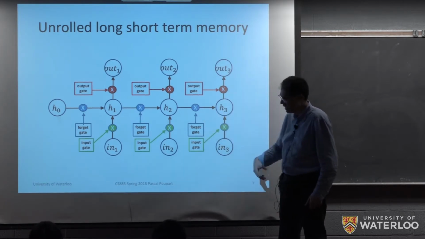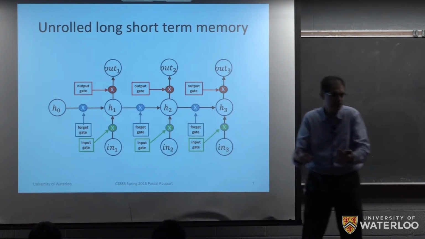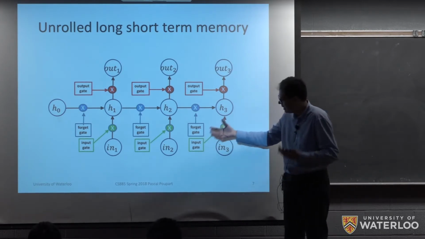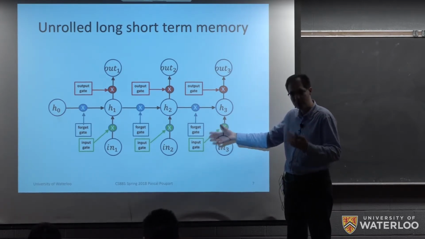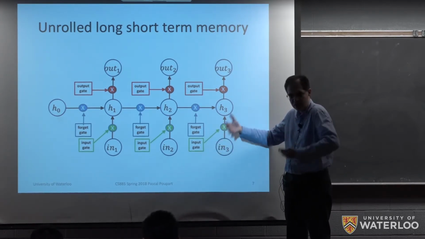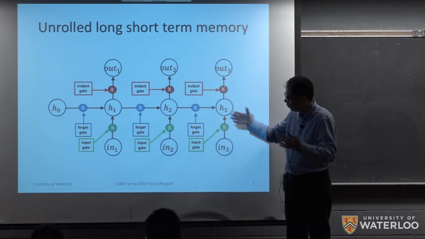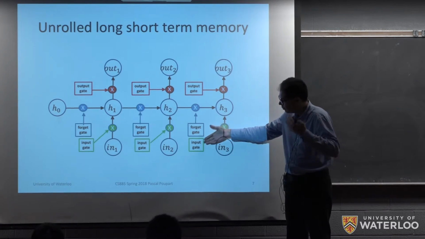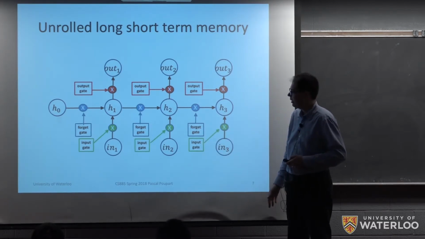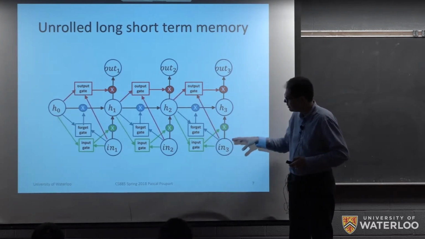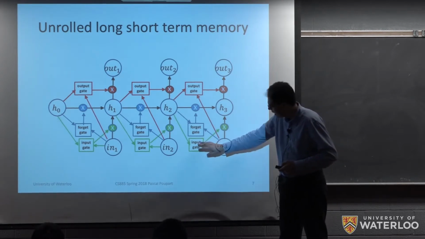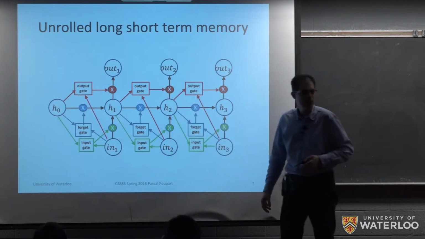Now all of those gates need to have some information. So what they do is they each compute a number between 0 and 1 that you can interpret as a probability, and that will keep the gate open or not. But what information goes in? Here we would simply use the input itself as well as the previous hidden unit.